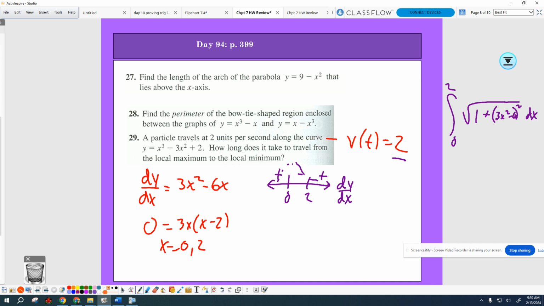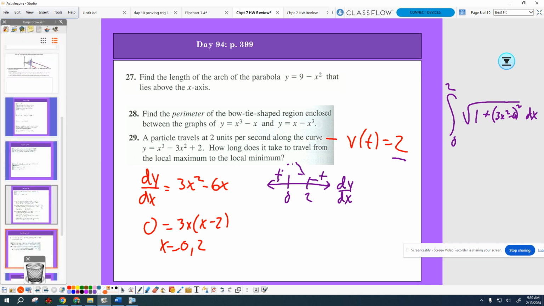Are we ever going to have to do a curve problem without a calculator? I showed you how they showed it yesterday, where they said find the area, find this, find that, and then for the perimeter they said set up but do not evaluate. If they don't let you use a calculator, it's often like that.